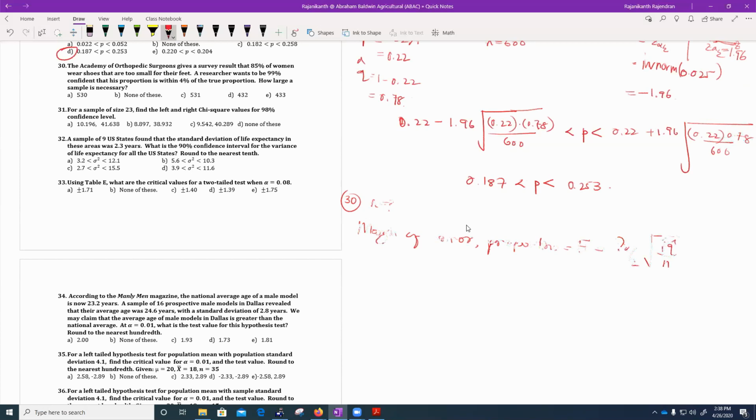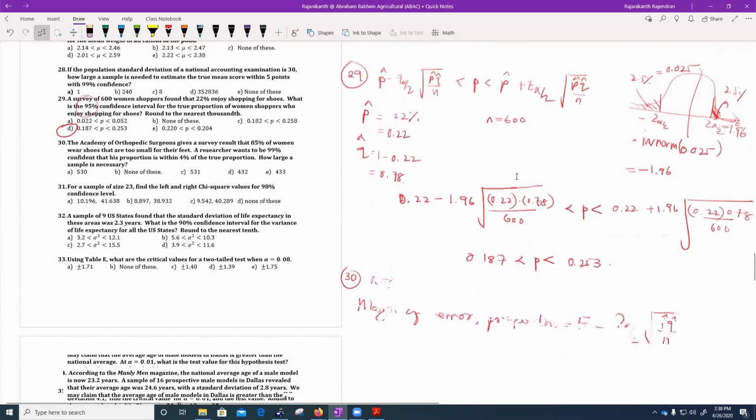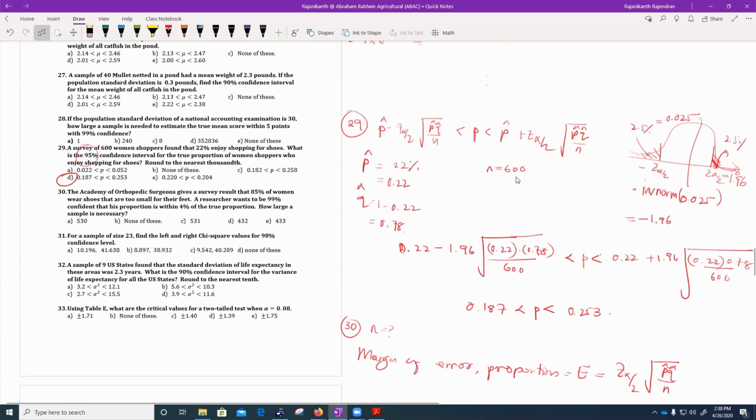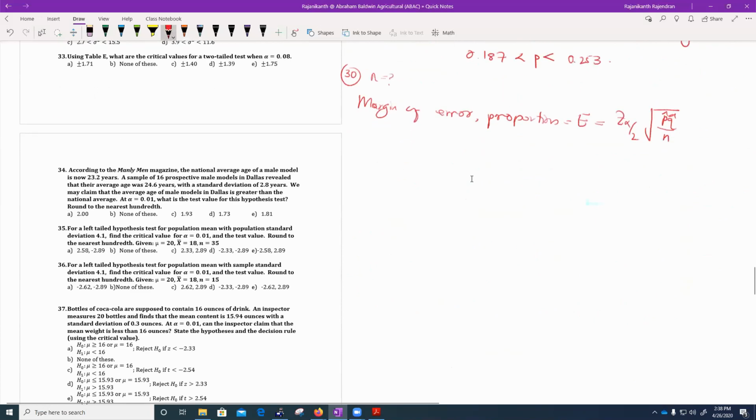This is the margin of error. That is the difference from our interval formula, where you are adding and subtracting. This is going to be our margin of error for all the intervals, for mu, for proportion, and for sigma squared, whatever you are adding and subtracting. Since this is the proportion question, my margin of error is this.